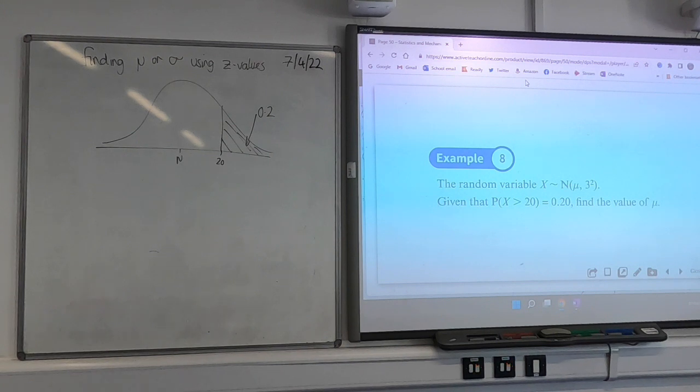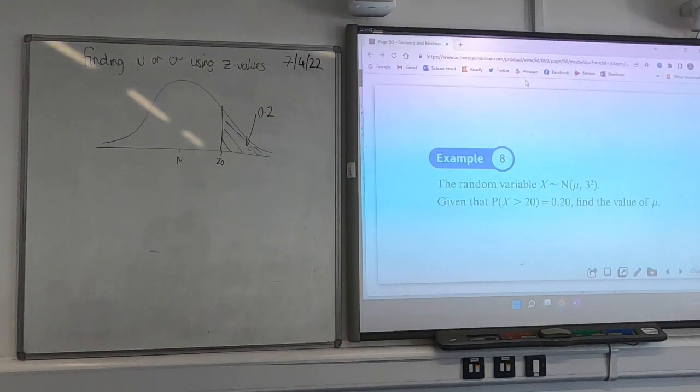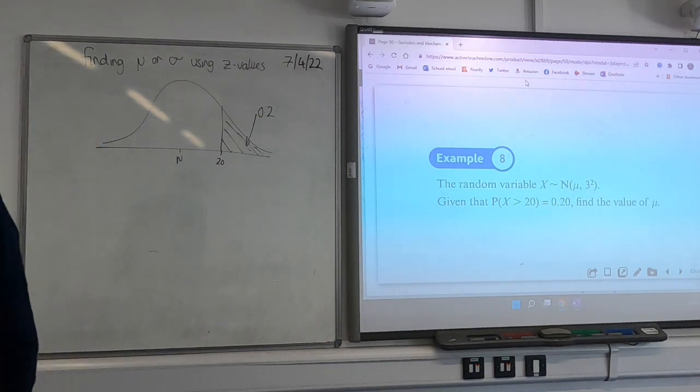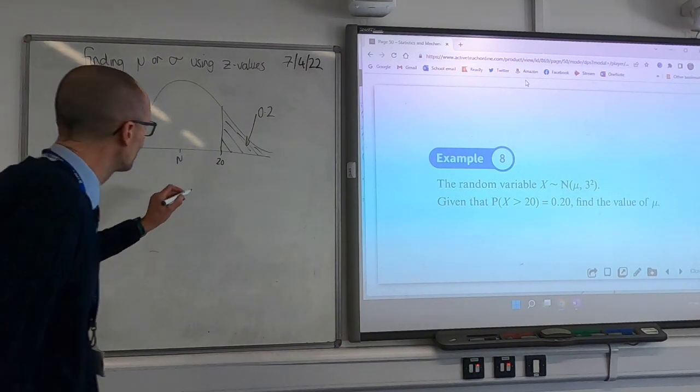Remember, a z value is how many standard deviations away from the mean you are. Page 34. So I'm looking for a probability of 0.2. So that's the P column. So I hope you can see it's 0.8416.